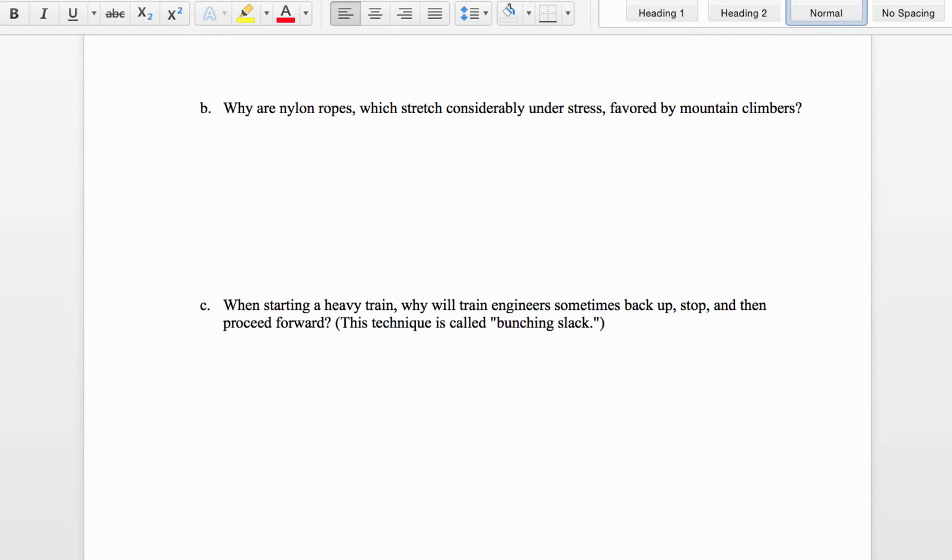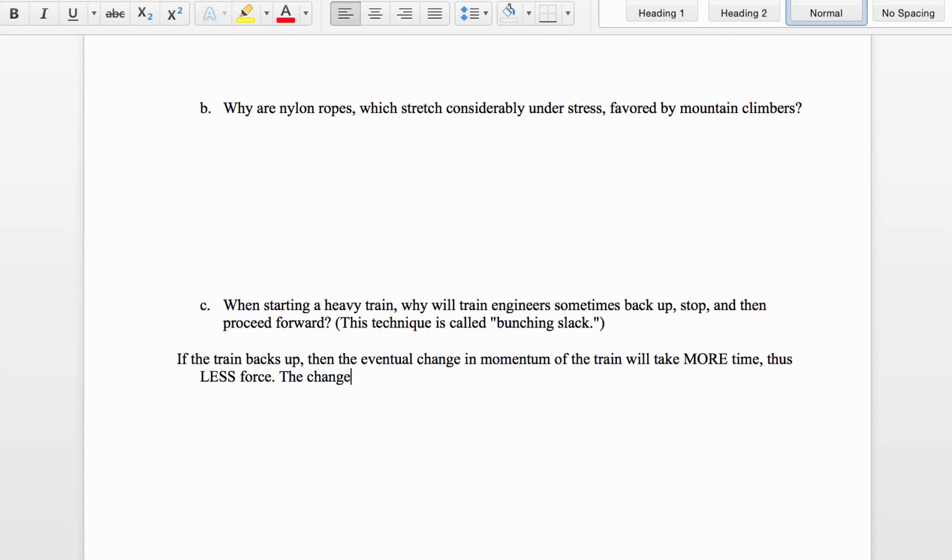So if the train backs up, then the eventual change in momentum of the train will take more time, thus less force.